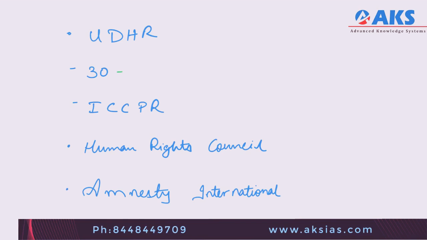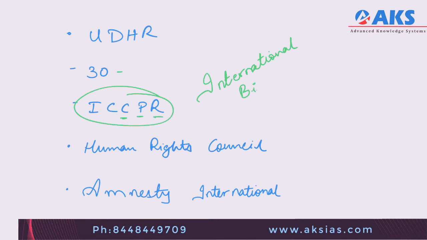The Universal Declaration of Human Rights, together with the International Covenant on Civil and Political Rights and the two optional protocols on the complaints procedure and on the death penalty, and the International Covenant on Economic, Social and Cultural Rights and its optional protocol, form the so-called International Bill of Human Rights.